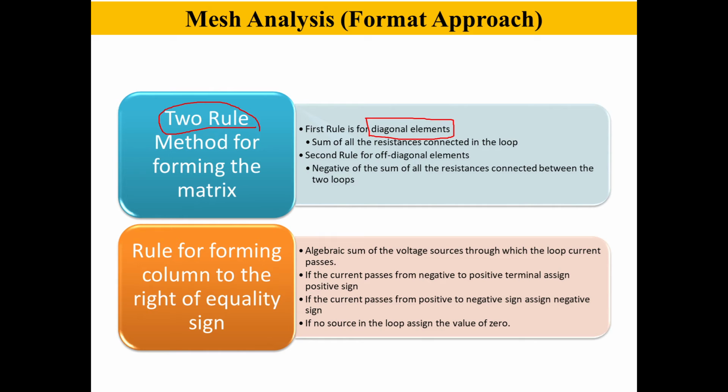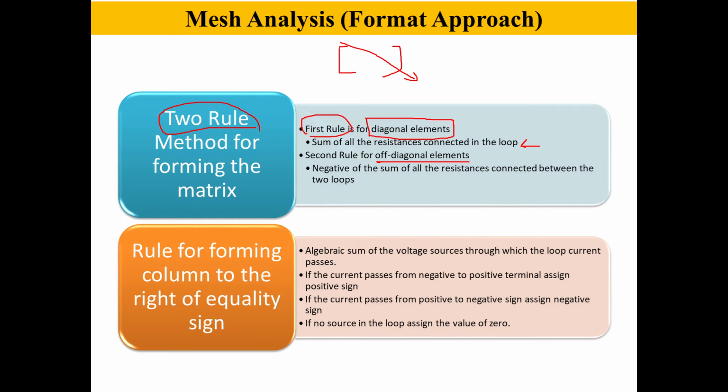So in a matrix, if you draw a matrix, all elements where the row index and column index are same are called diagonal elements, and all other elements are called off diagonal elements. Therefore there are two rules. The first rule is for the diagonal element. First rule is very simple. Go to that mesh. In a mesh you add all the resistance in the mesh.